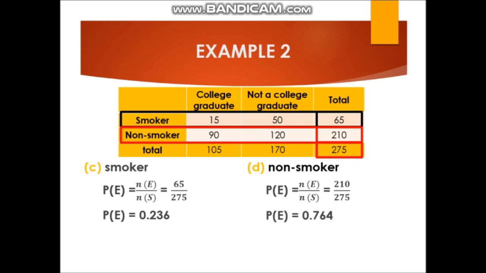We have here the answer 0.764. And then apply property number 4. It must have a total of 1.0 if we get the sum. So we have 0.236 plus 0.764 is equal to 1.0. So therefore, our answers for letter C and letter D are correct.